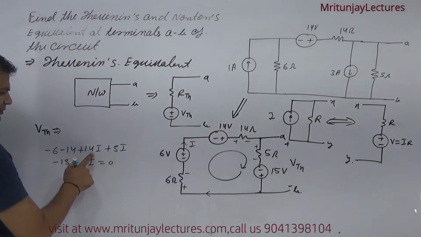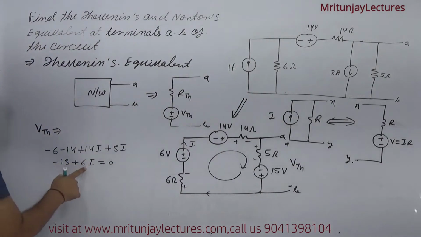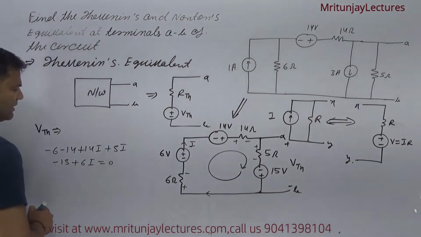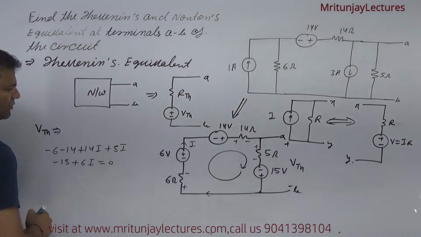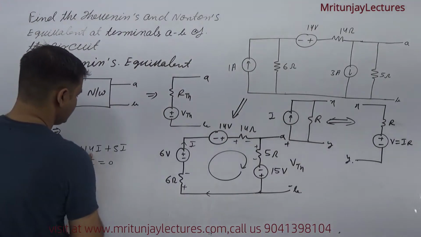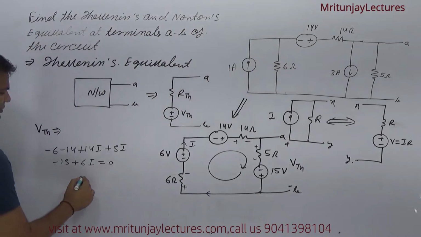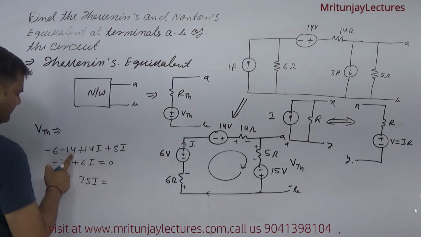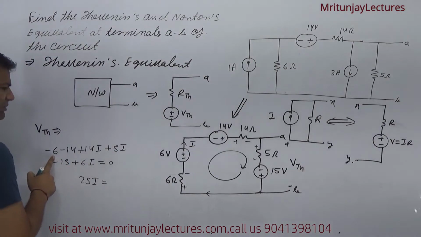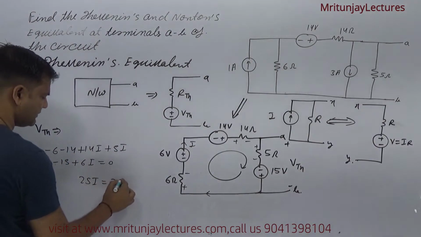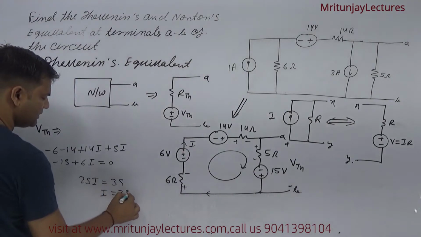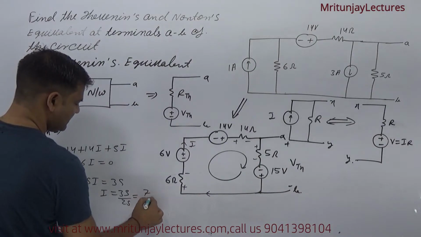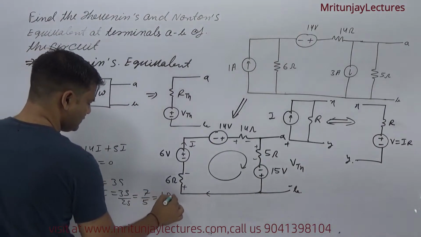So 6 plus 5 is 11, plus 14 is 25, that is 25I, equal to 29 plus 6, that is 35. So I equals 35 by 25.